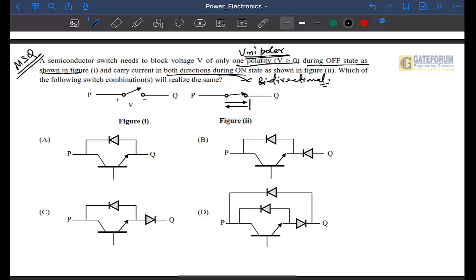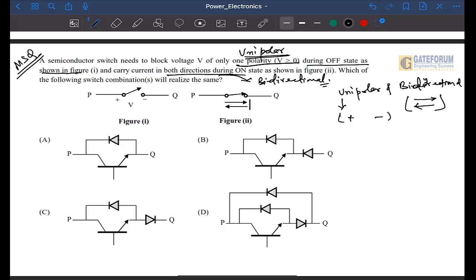They are asking that your switch shall be unipolar and bidirectional. That means it will block voltage in one direction, say this direction, and current will be carried by it in both directions.